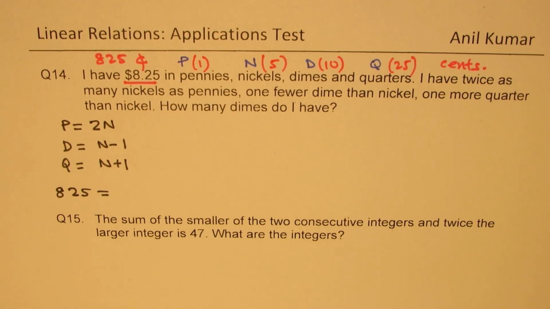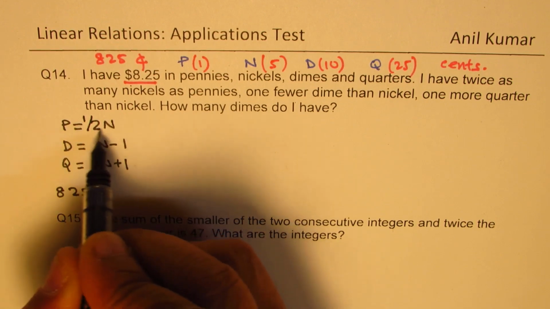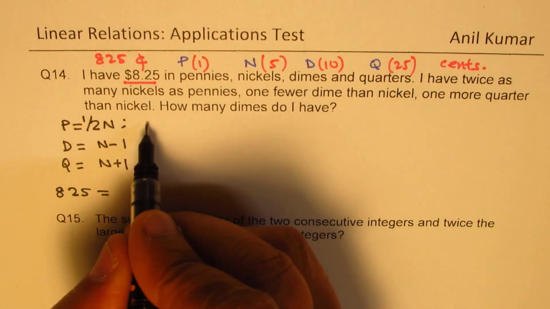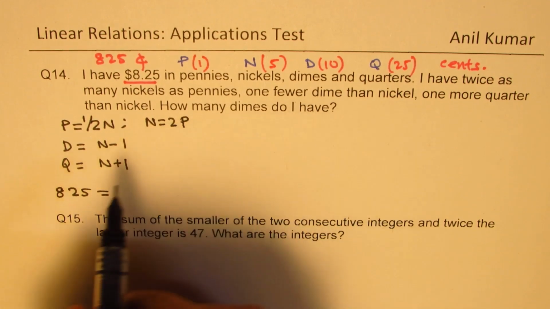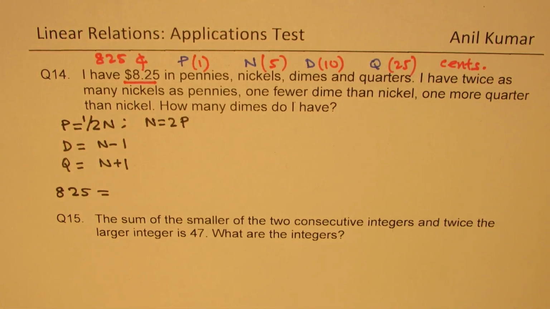Nickels are more, right? So nickels are 2 times pennies. So I'm sorry, pennies are half the number of nickels. Okay. So that is how it is.